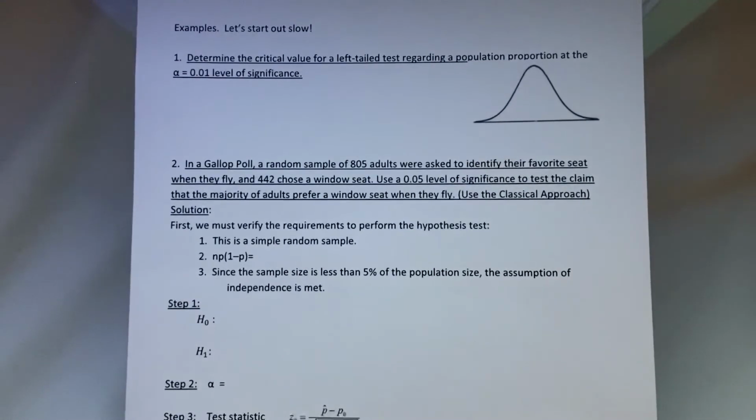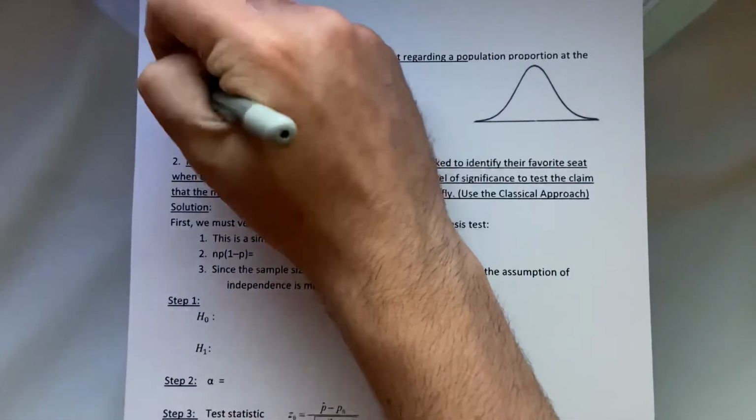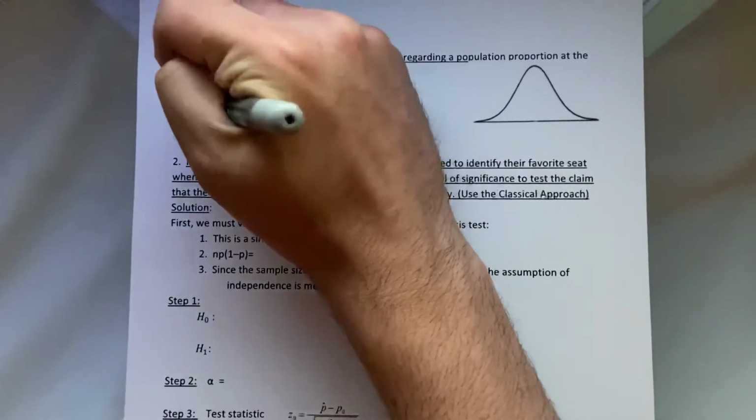Okay. So we are looking for a left-tailed test regarding a population proportion at a 0.01 significance level. So 0.01, this is the area or p-value.